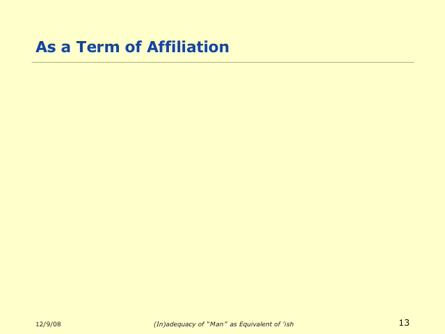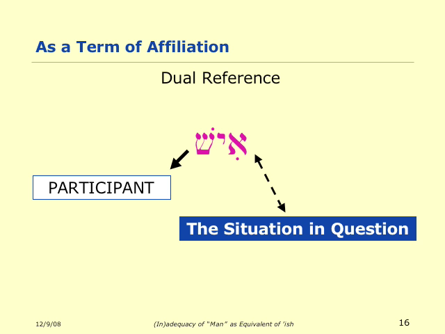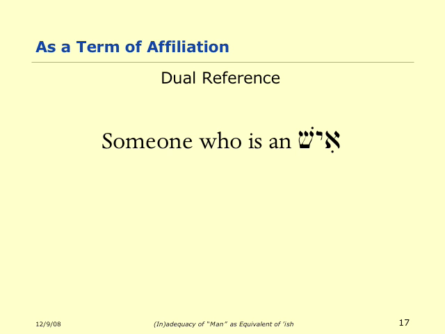That is to say, as a term of affiliation, the noun ish bears a dual reference, referring, for example, to a participant in the situation in question. The word's function is to relate both of these entities to each other. I can sum it up this way.